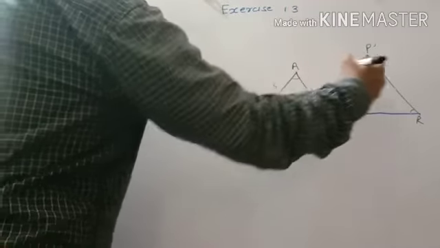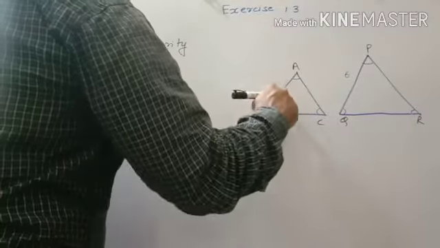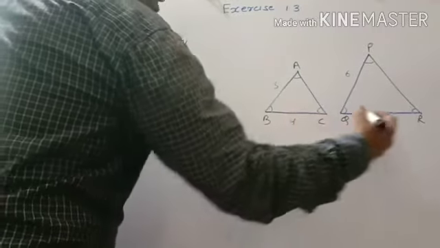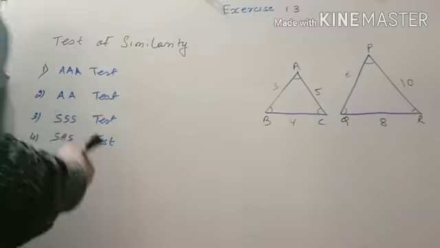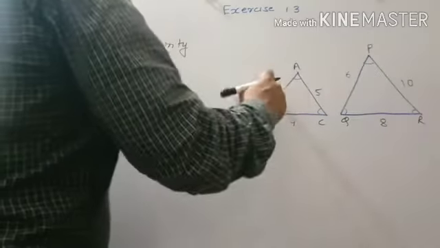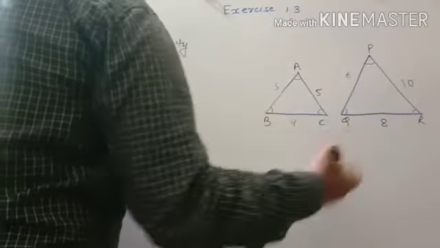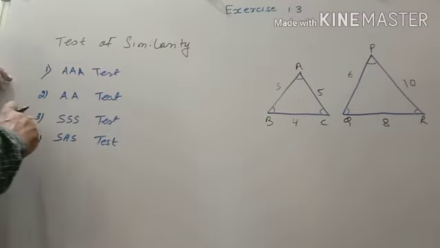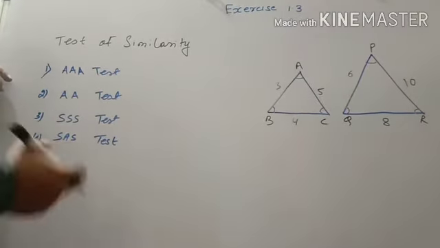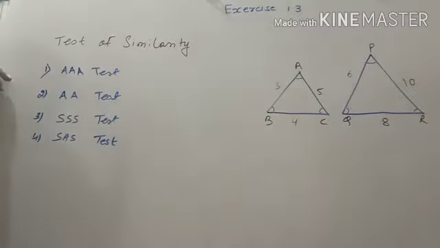Suppose this is 3 and this is 6, this is 4 and this is 8, this is 5 and this is 10. So what's the proportion? 3 and 6, 1 upon 2, 4 and 8, 1 upon 2, 5 upon 10, 1 upon 2. So that triangle is similar as per SSS test.